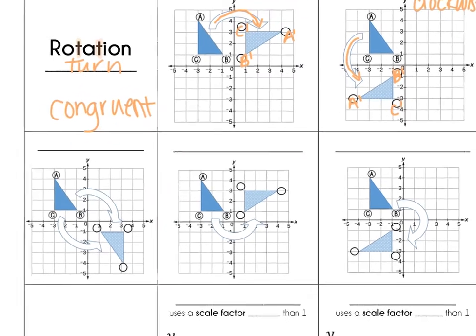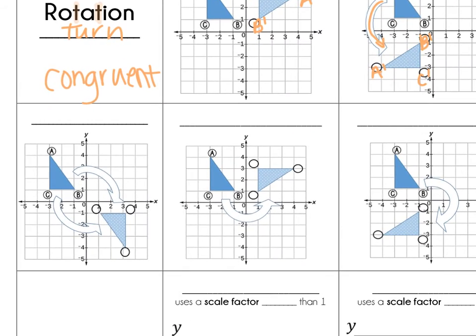The easiest rotation to me is 180 degrees, because no matter what, it's going to be the same. If you rotate 180 degrees clockwise, you get this image. And if you rotate 180 degrees counterclockwise, you get that same image. You follow those same rules for naming it. So A prime, C prime, and B prime.